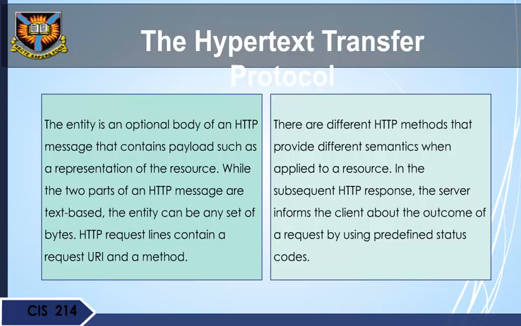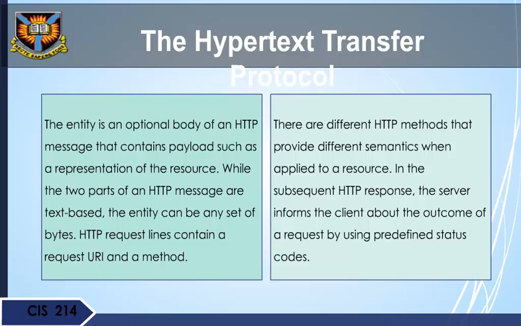The entity is an optional body of an HTTP message that contains payloads such as a representation of the resource. While the two parts of an HTTP message are text-based, the entity can be any set of bytes.